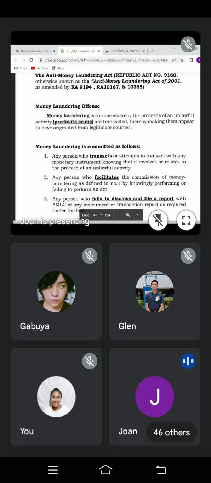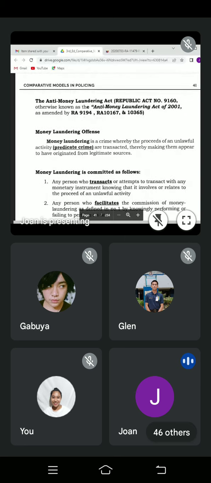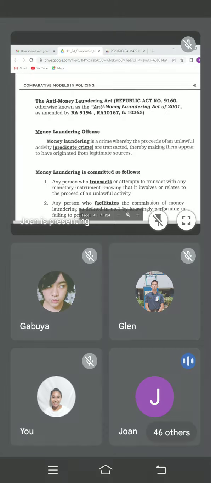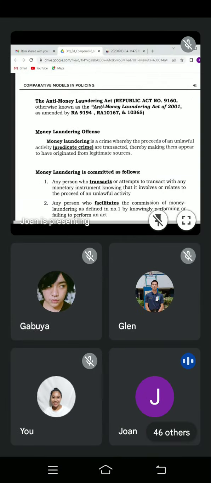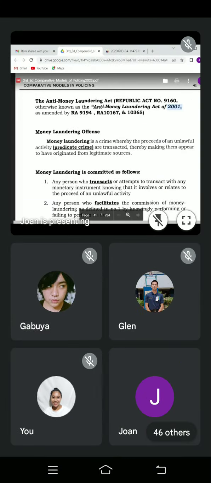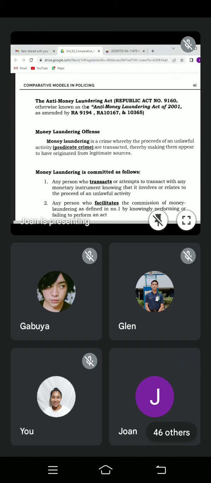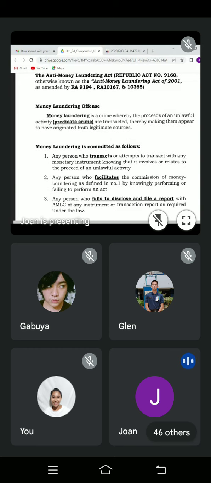And in the Philippines, we have the Anti-Money Laundering Act, Republic Act 9160. Okay, this law has been enforced or implemented since 2001, and later on amended by RA 9194, RA 10167, and 10365, making it redefined ang mga terms and wider ang scopes.